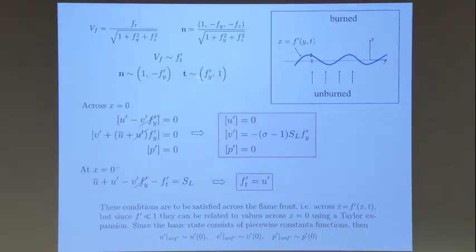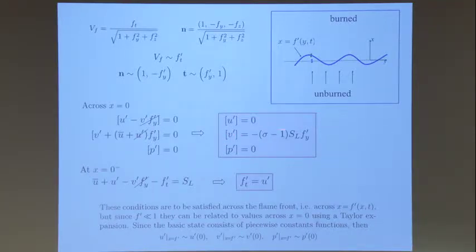And this is the tangent unit vector. So these are the jump relations, and I want to spend a few minutes on them. Note that what it says is that the perturbation of the axial velocity is 0. In other words, there is no discontinuity, same value on the unburned to the burned side.